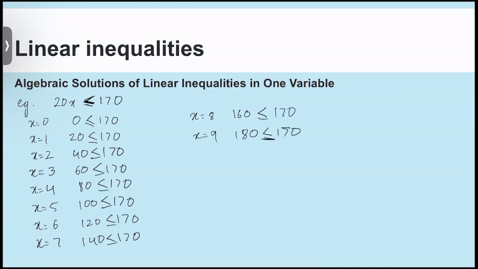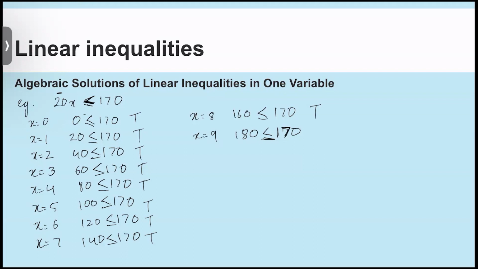Now over here, even though we have put the sign that the value of 20x should be less than or equal to 170, you can see that for 0, 1, 2, 3, 4, 5, 6, 7, and 8, the statement is true.